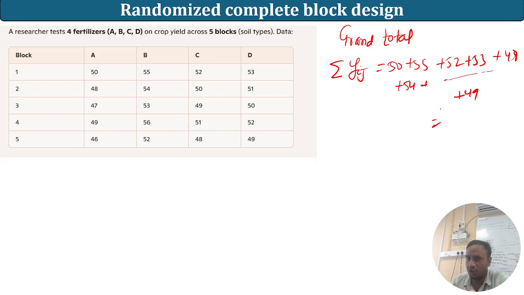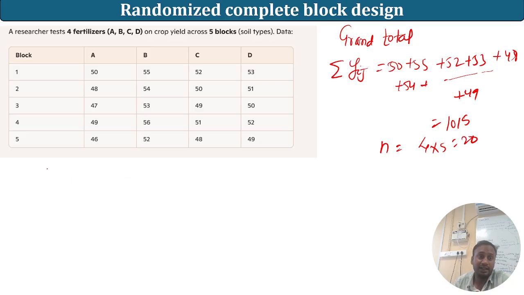It came to 1010.5. And N will be how much? We have four treatments, like four fertilizers, and five blocks, so 4 into 5, 20.